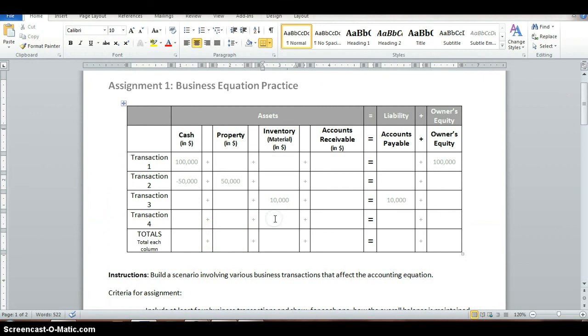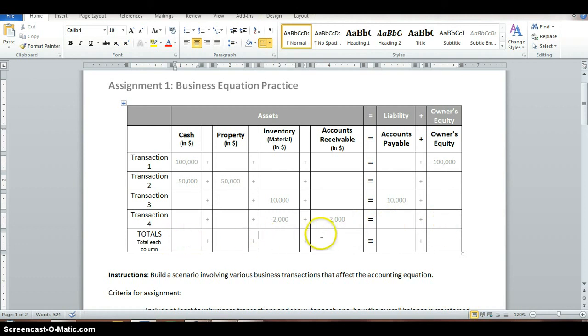We have inventory decreasing for 2,000, and then we have accounts receivable, because we're receiving it. This is customers paying us; this would be us paying customers. So our accounts receivable is increasing 2,000, and our inventory is decreasing 2,000. That still gives us 0 on this side of the equation, keeping us balanced.